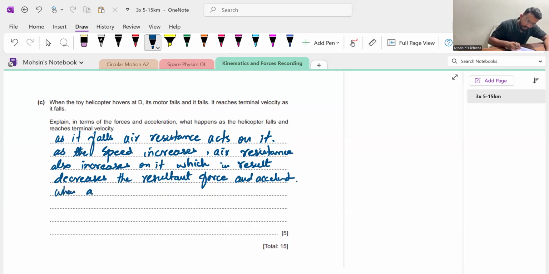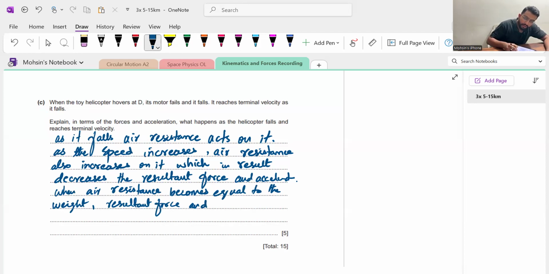When air resistance becomes equal to the weight, resultant force and acceleration becomes zero. An object reaches terminal velocity.